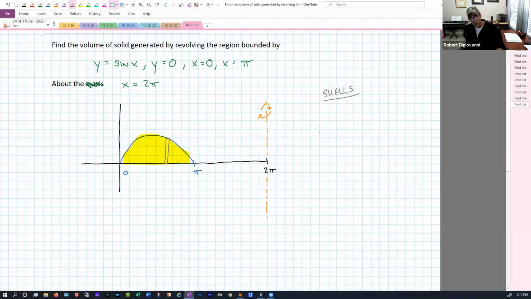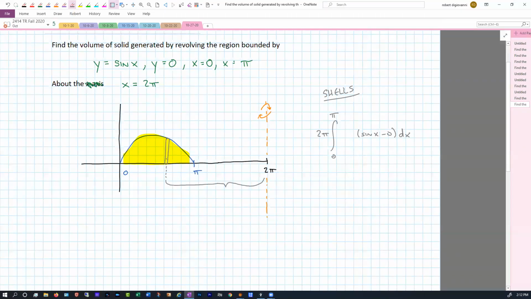I already know the formula for shells, 2 pi integral. Well, a to b is just 0 to pi because we've been through this. I know top minus bottom, sine x minus 0, dx. The only thing I really need to figure out is what's my radius. So the radius is the distance from the axis of rotation to the rectangle. That's that distance.